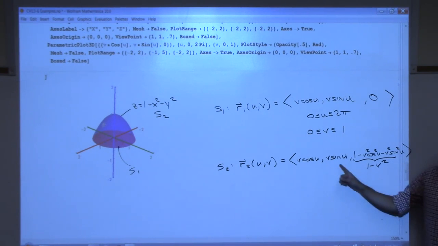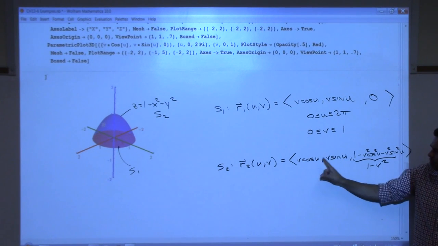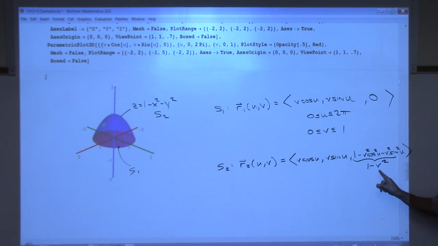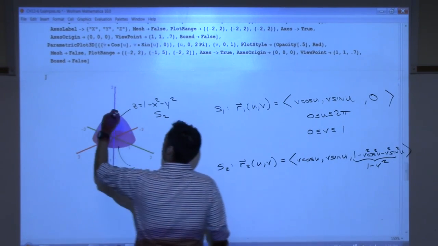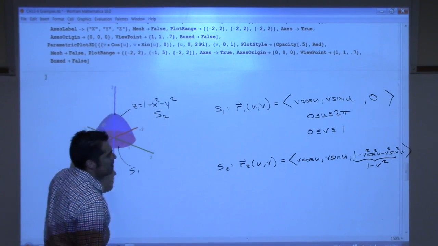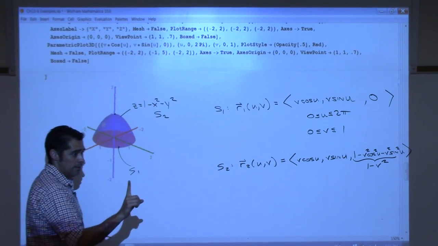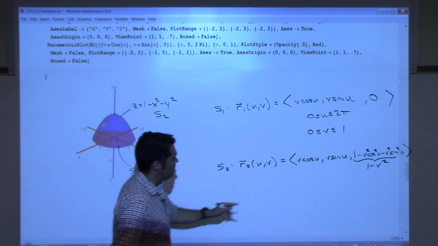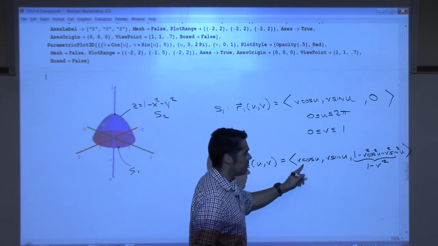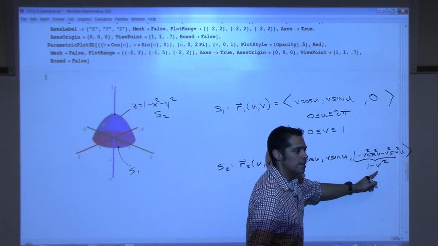See, this is the thing when you let v be 1. Sorry, let's let v be 0. When v is 0, where are we? 0, 0, 1. We're up here, right? Let's let v be 1, which is a radius of 1. We'll be at 1, 1, and then over here we'll be at 0, right?